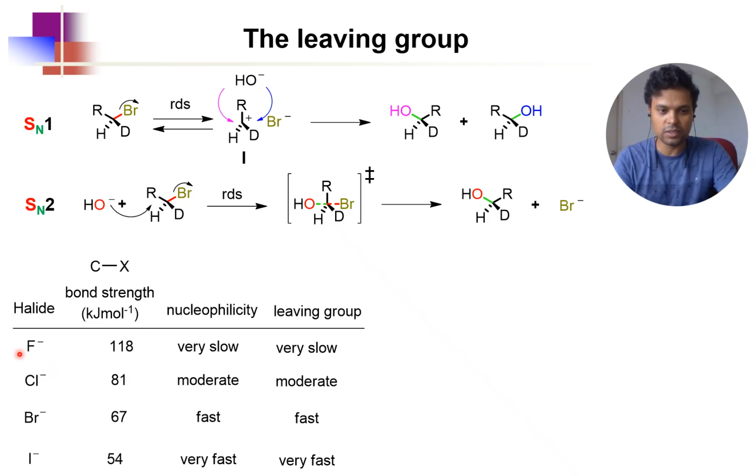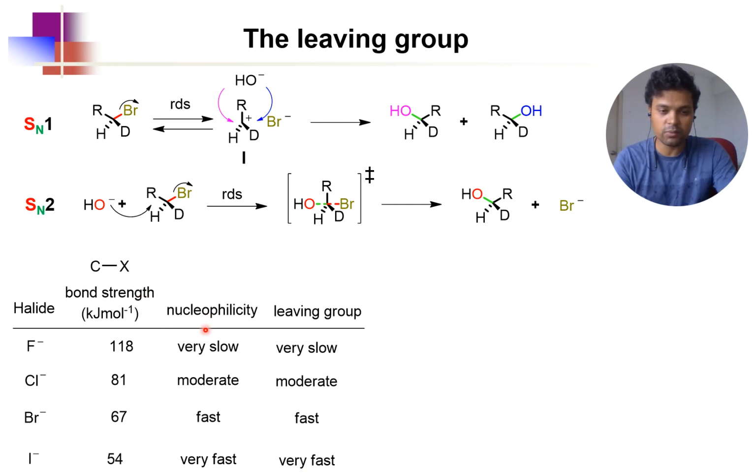The bond strength for carbon and fluorine is the strongest covalent bond, so the reaction is very slow. The carbon iodine bond is the weakest bond, so the reaction is very fast.